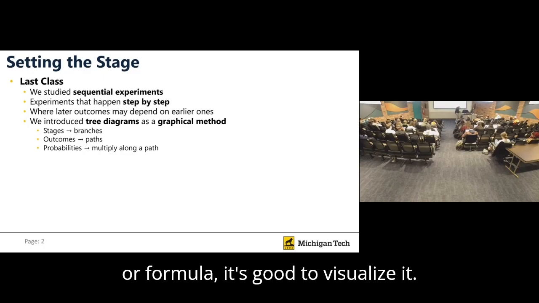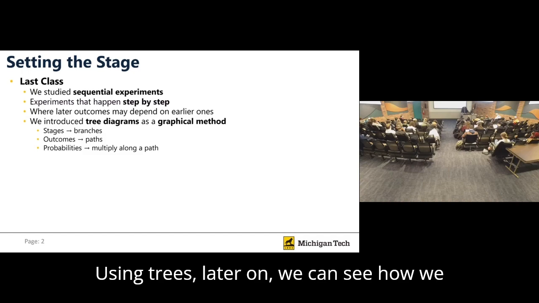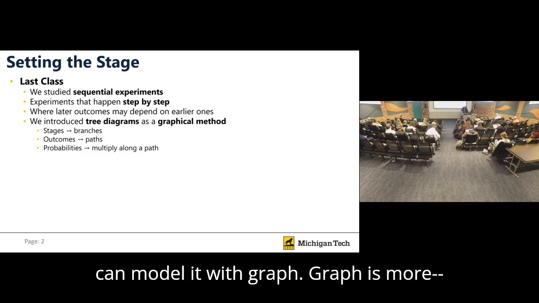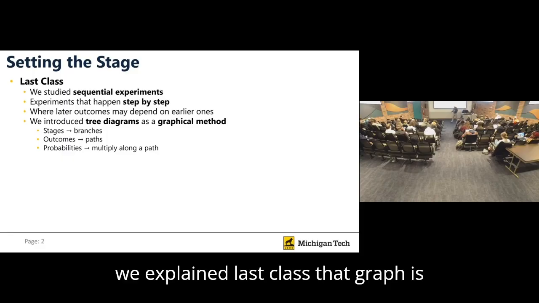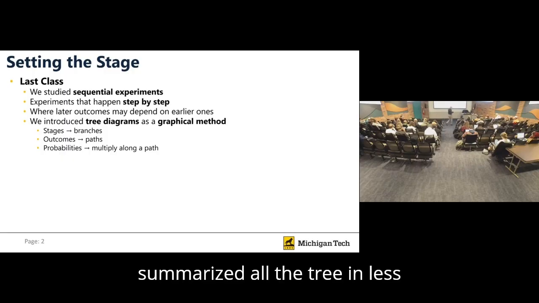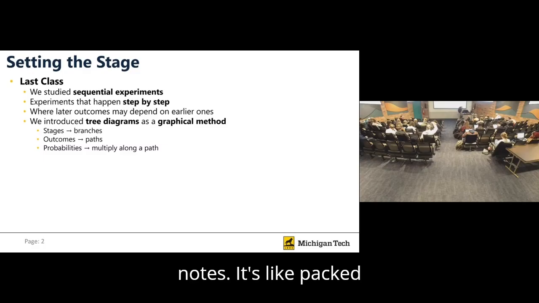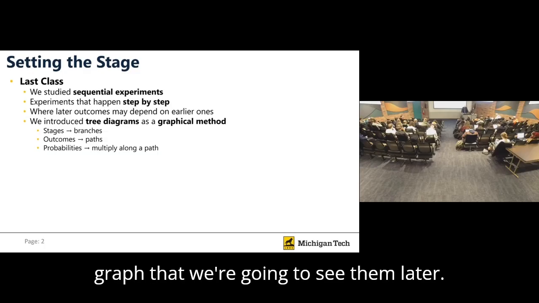It's good to visualize it. That's actually a very good way. Using trees, later on we can see how we can model it with a graph. We explained last class that a graph summarizes the whole tree in fewer nodes. It's like a packed graph. We have different types of graphs that we're going to see later.